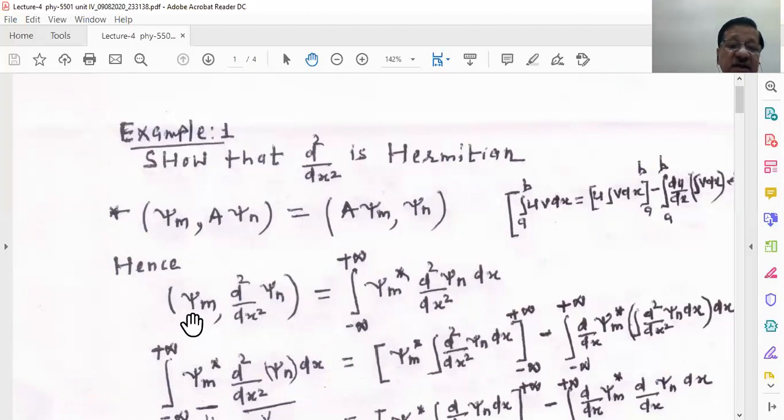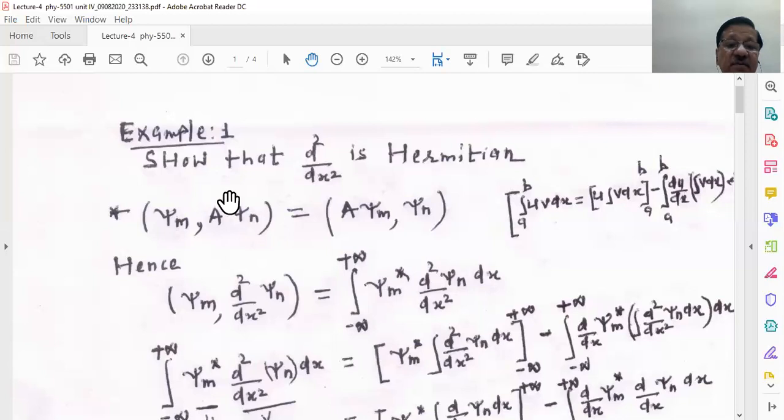This is basically the bracket notation, and now I am converting it into the integral notation, which we have discussed. This is the scalar product, so it will be the integral of psi m star d square by dx square psi n dx. This integration we have to solve in order to solve the left hand side.